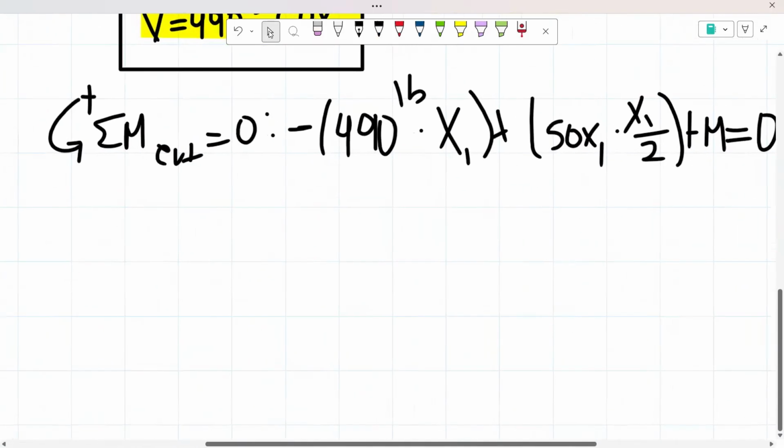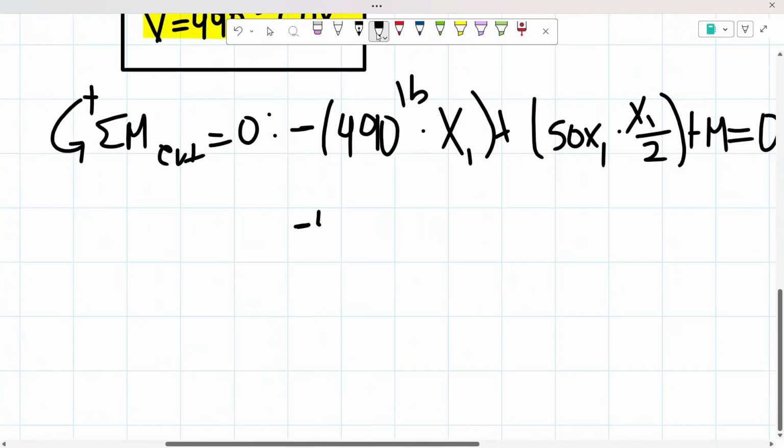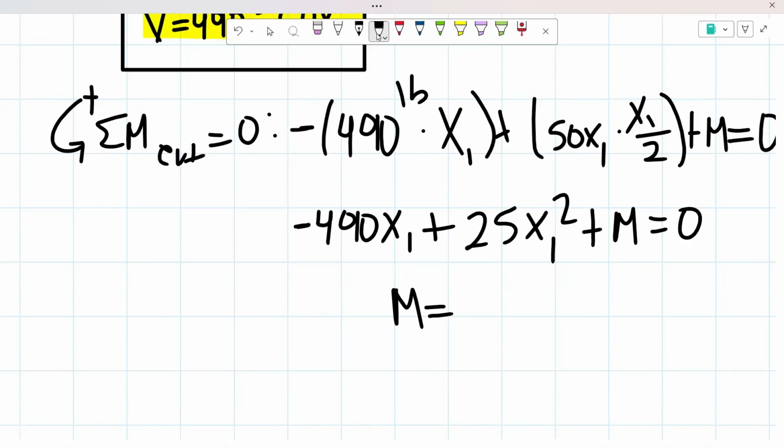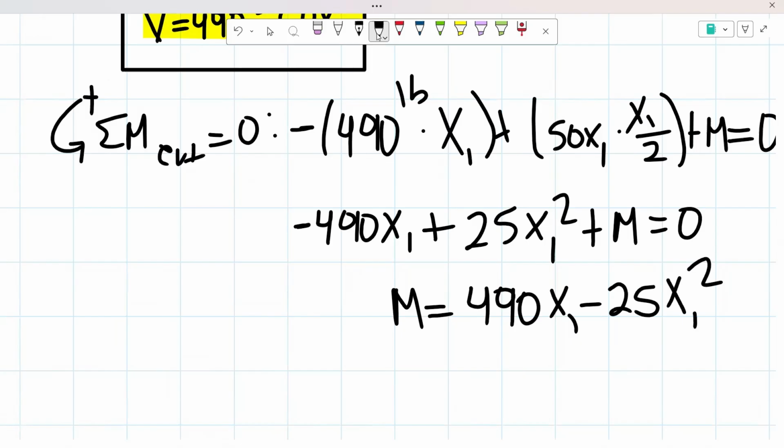So simplifying this a bit down, we would have negative 490 x1 plus 25 x1 squared plus M equals 0. So we know that our moment is equal to positive 490 pounds times x1 minus 25 x1 squared.